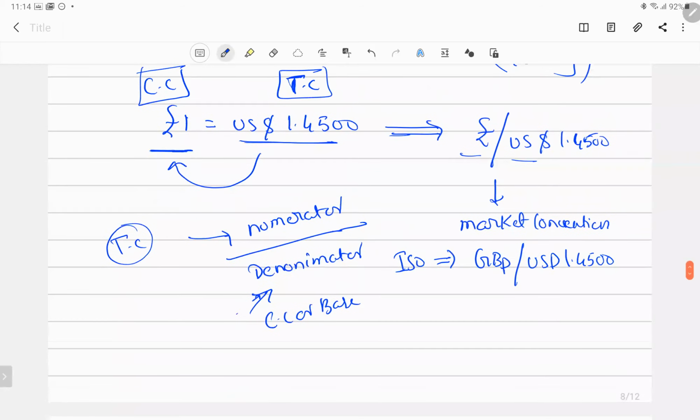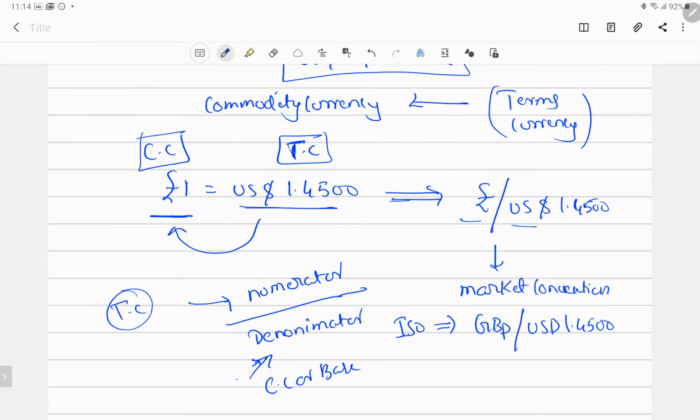So the British Pound is the commodity currency, which is being priced in terms of US dollar 1.4500. In every market they would have their own market convention, and you have to interpret it. It may be given in this way or this way or this way. Everything is the same, but the interpretation part is very, very important.